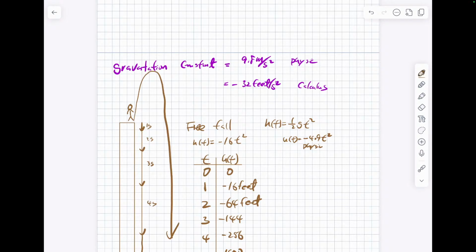If that's the situation, it's called a projectile. You project something. You can project something at a floor; you don't have to be on top of a building. But if it's on top of a building, it's one more calculation that we have to do. So we're going to do it on top of the building to see that.